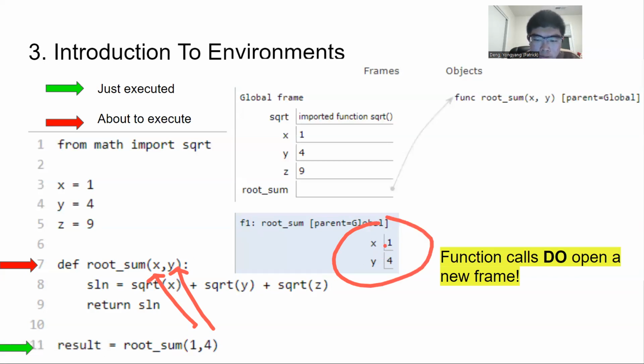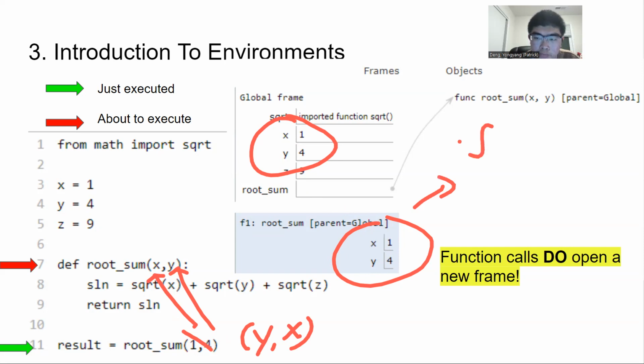Even though they have the same values, it doesn't mean they are the same thing. If I do y, x here, it means that in F1, X will be, we have to evaluate Y in the global frame. So Y is 4, so X will be 4. And Y, we evaluate X at the global frame.